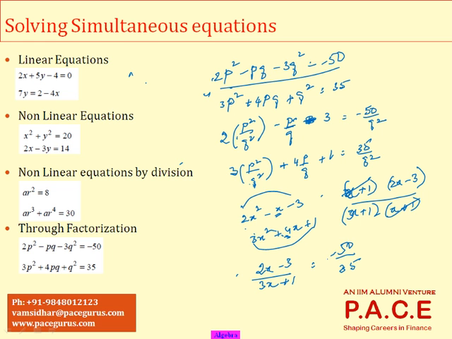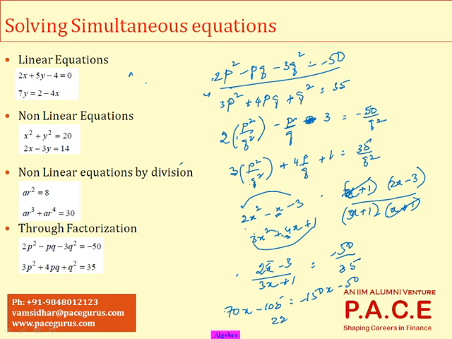Here I can find the values, right? I can simplify and get the value of x. x is nothing but p by q, so I can solve for the value of p by q. Let me solve it. So it becomes 70x minus 105 equal to minus 150x minus 50.